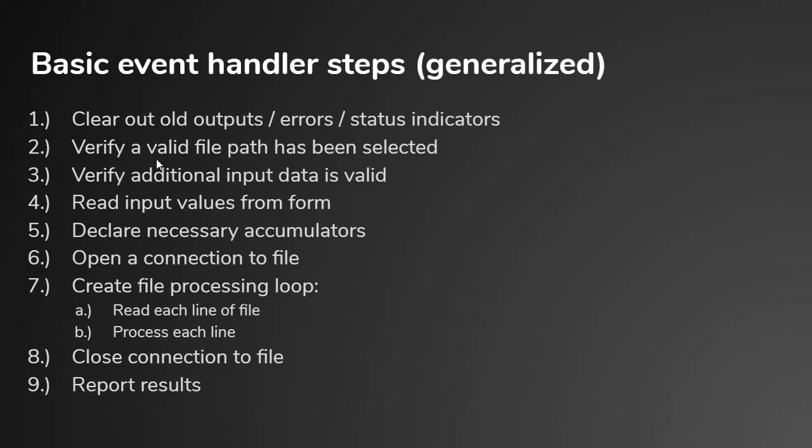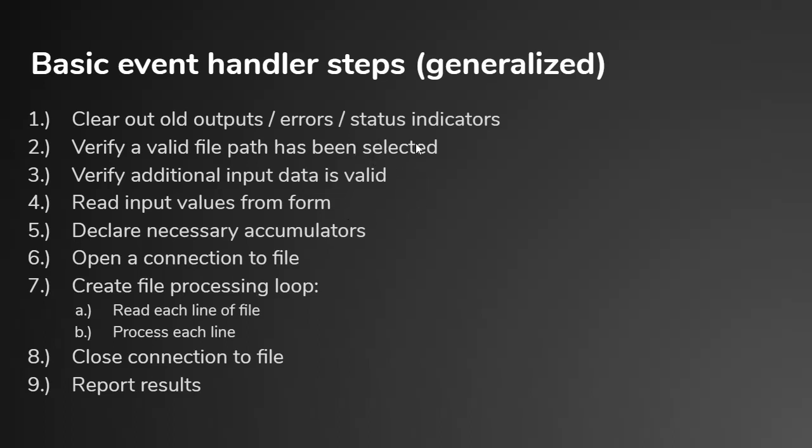Next, you need to make sure all your inputs are okay. So verify that a valid file path has been selected. You can't open a file that hasn't been selected. You can't read through a file that hasn't been selected. If your file processing requires additional inputs, check all your inputs and make sure that those inputs are set to valid ranges.